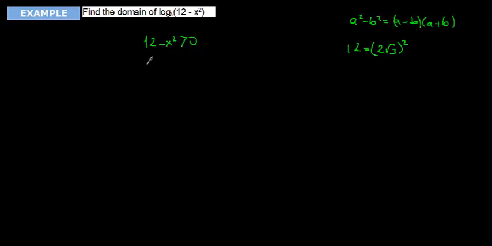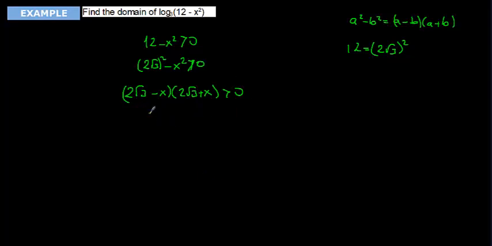So the expression is 2 root 3 squared minus x squared, which is a squared minus b squared: 2 root 3 minus x times 2 root 3 plus x is greater than 0.